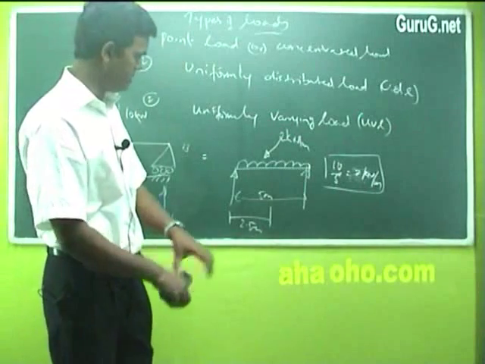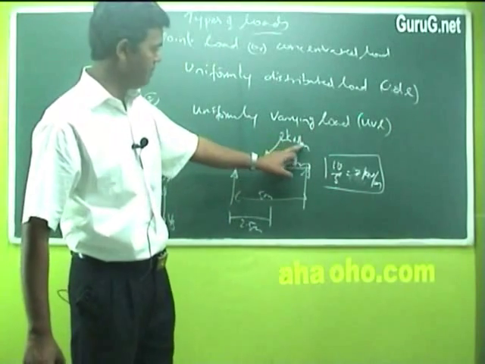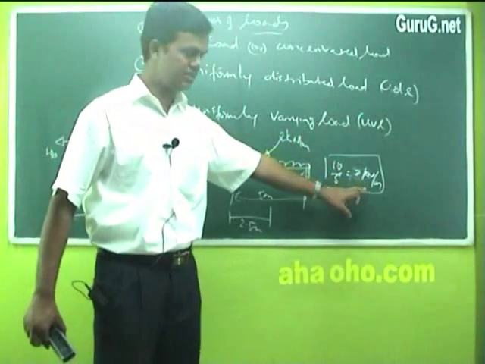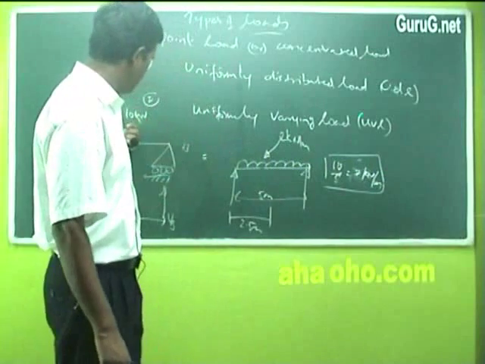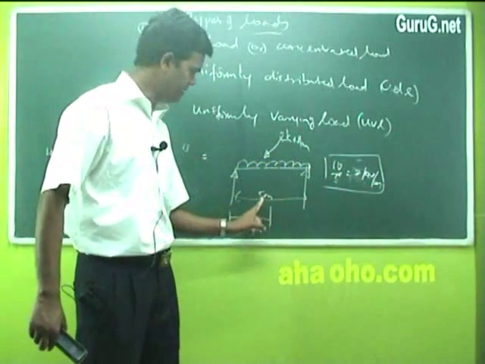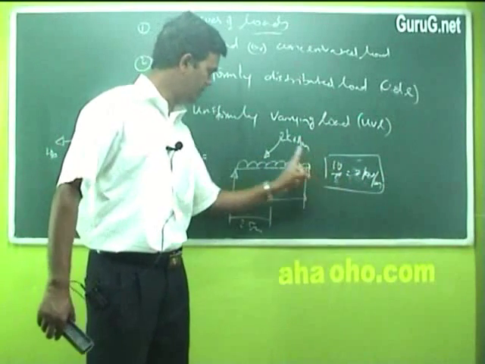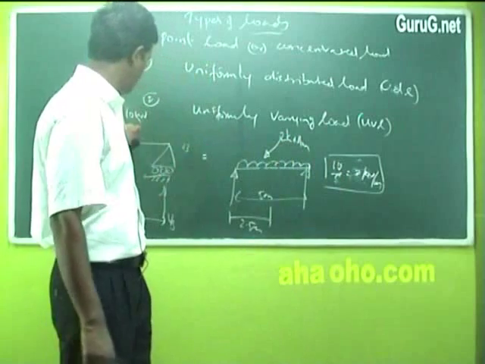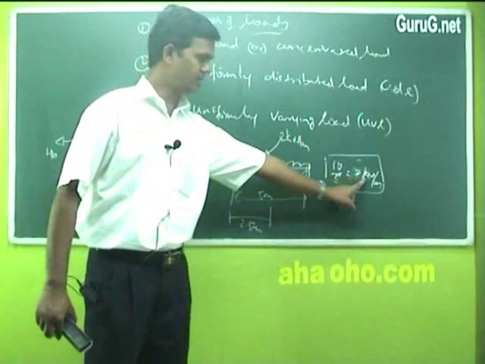You understand? How do we arrive at this 2 kilonewton per meter? We consider the 10 kilonewton acting at the center point of this beam, where the length is 5 meter. That is the total applied load 10 divided by this 5 meter. 10 by 5 becomes 2 kilonewton.